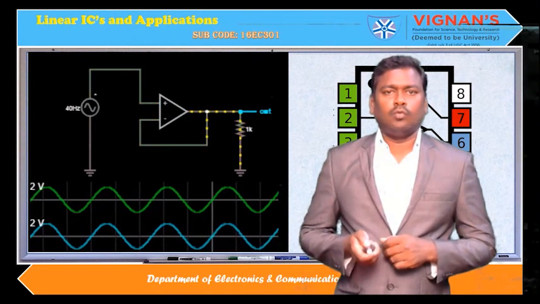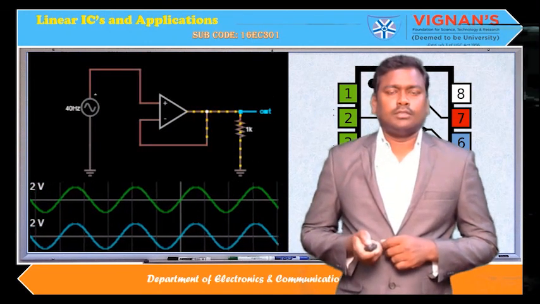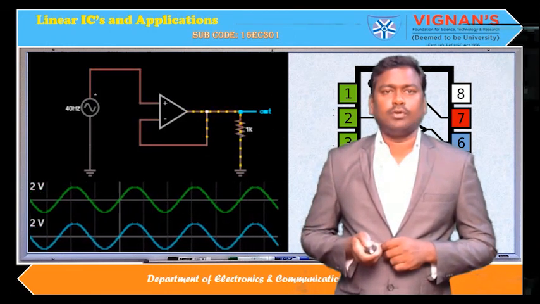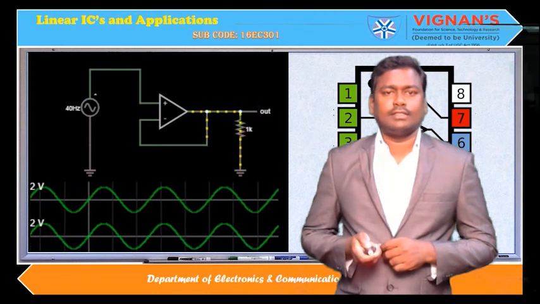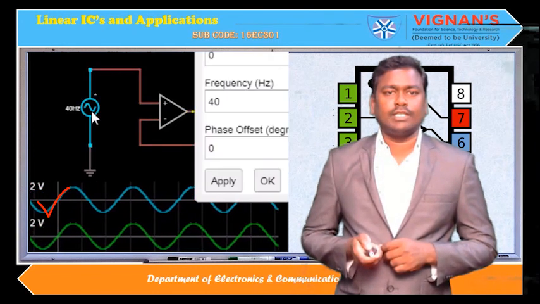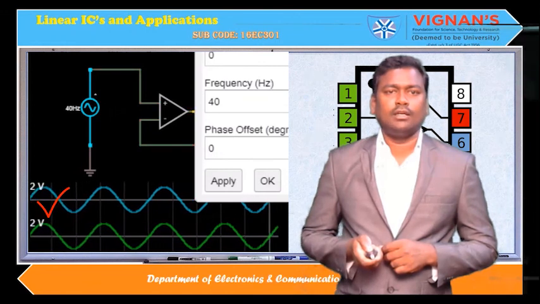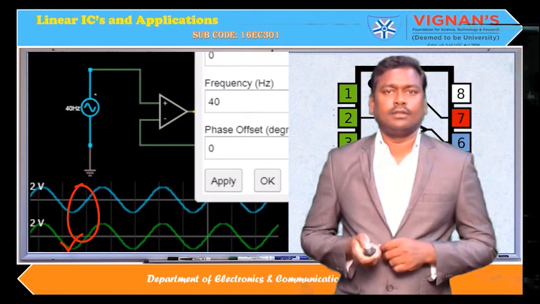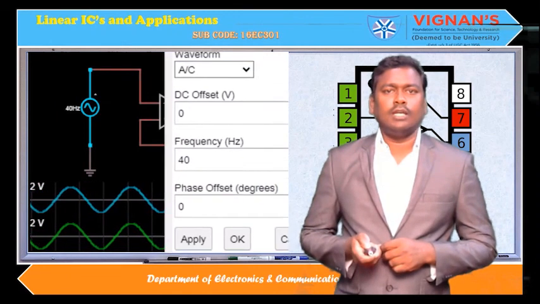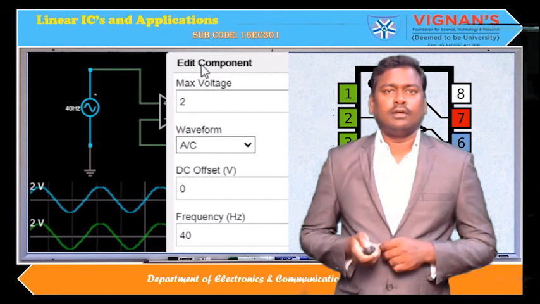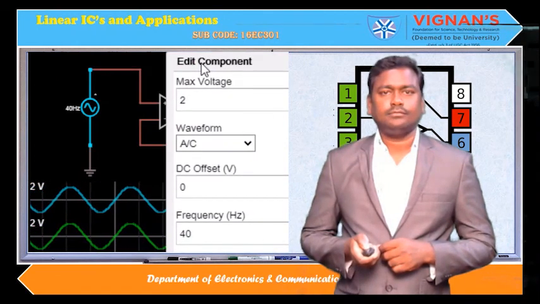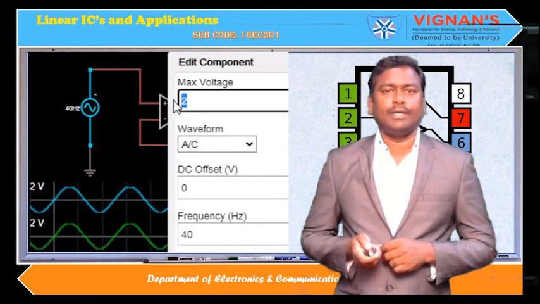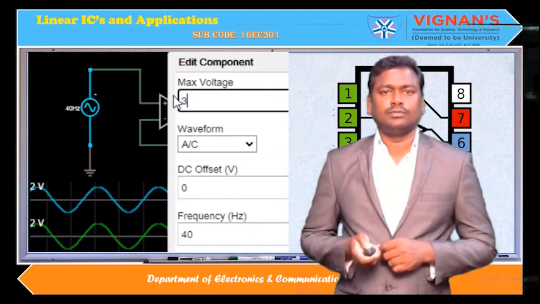This is the voltage follower circuit. In the voltage follower, output follows input in both magnitude and phase. The first one is the input signal and the second one is the output signal. Both are the same in magnitude and phase. Here the input signal peak to peak is changed to 3 volts.